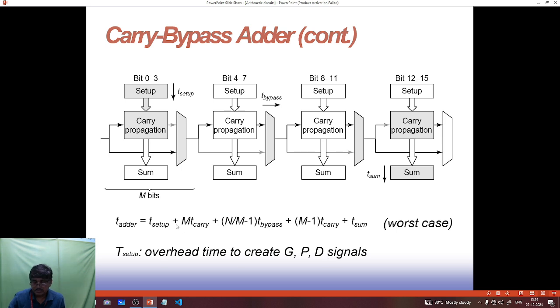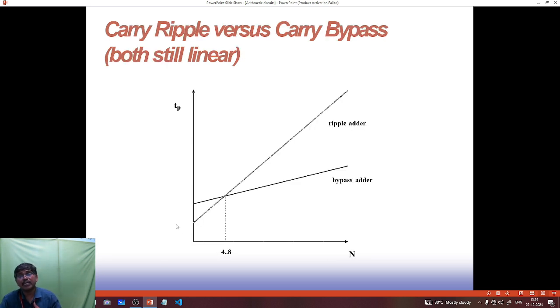Okay. Next, carry ripple versus carry bypass, both linear. There is a graph drawn between the number of cycles and the time period. Here, in the case of the carry ripple adder, the time taken is more compared with the carry bypass adder.